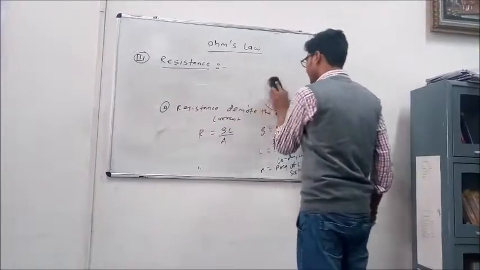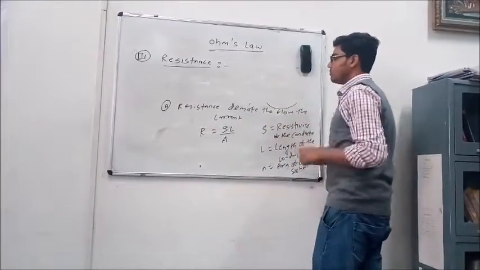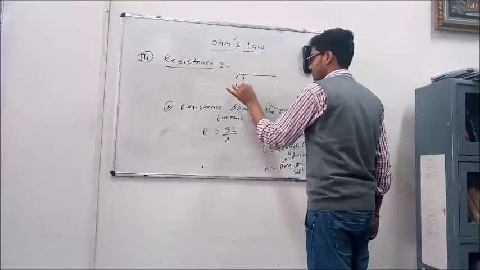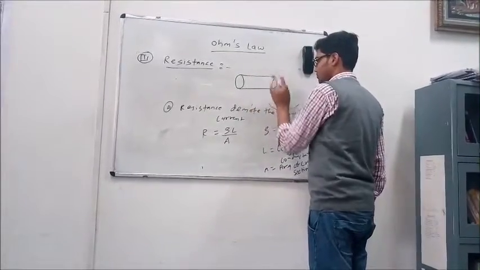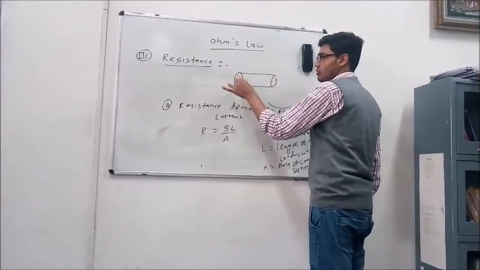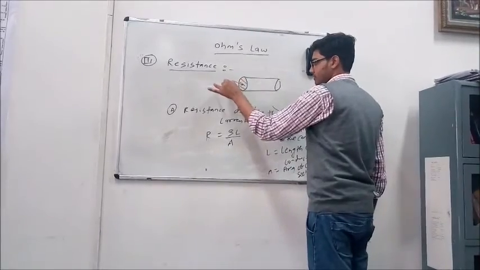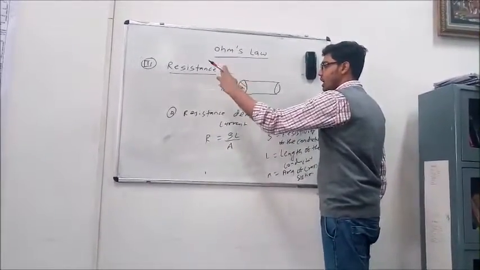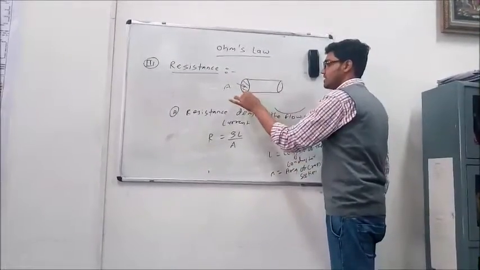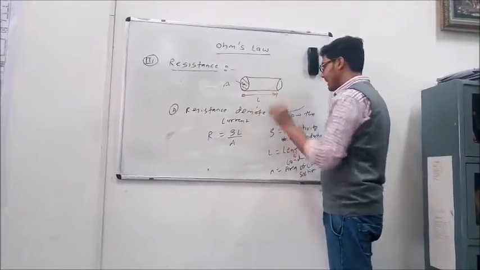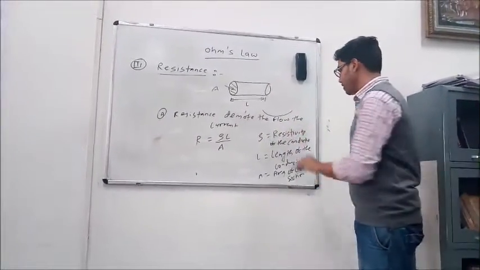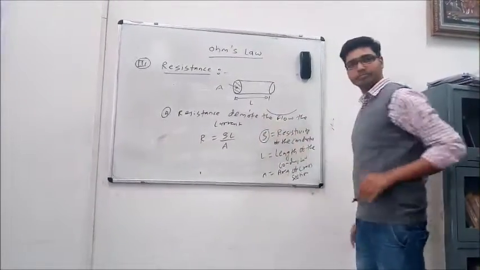So if you consider a conductor, this is the area of cross section through which the electric charges are going to flow. This is the length, and every material has a property which is defined by its resistivity.